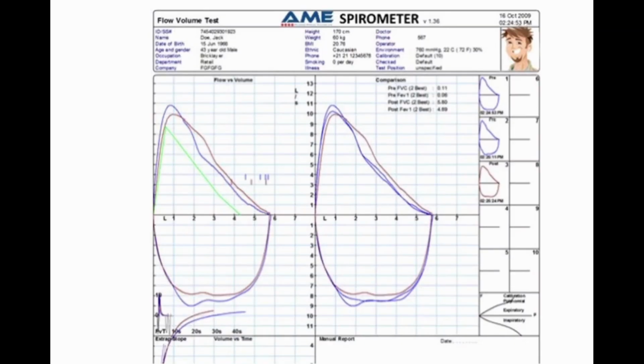If this number goes down, what are some reasons why you can't get as much volume out? These are your obstructive disorders. There's something in the way that's obstructing the flow leaving the lungs. This is why you do this FEV1 test.